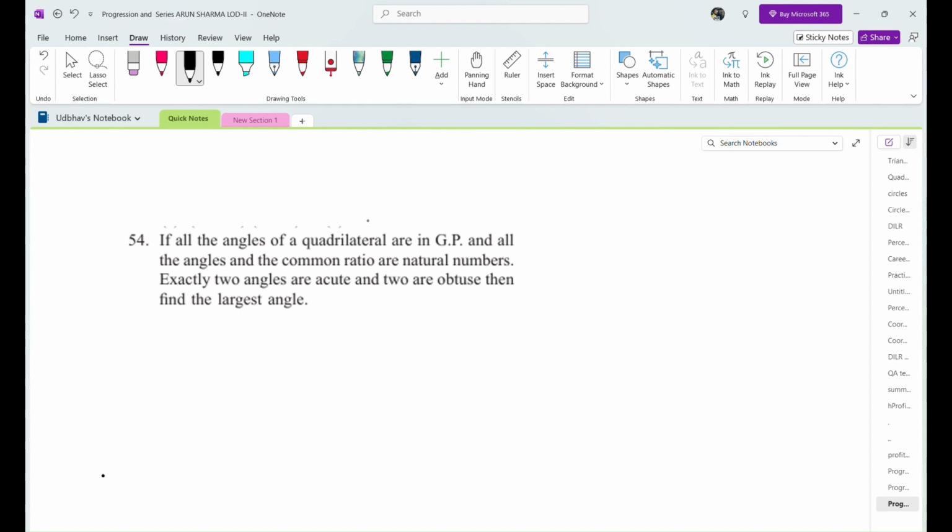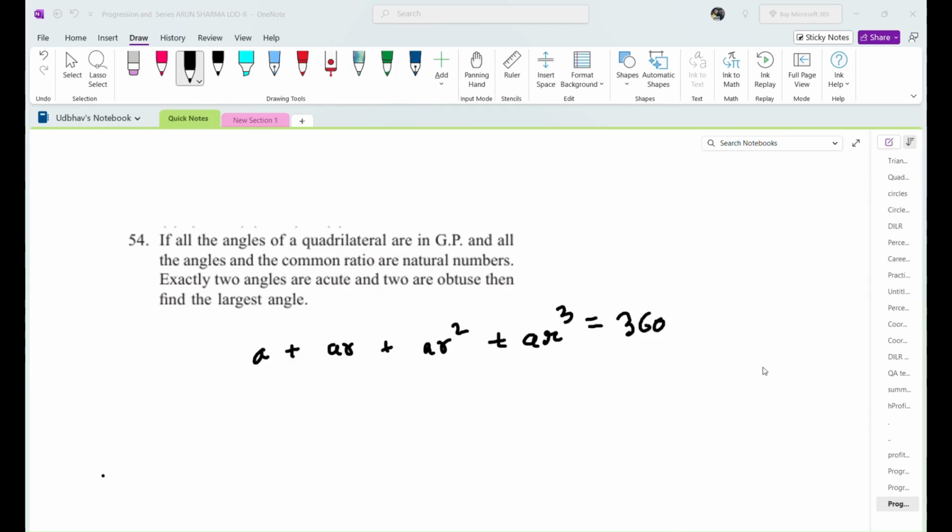The sum of angles in a quadrilateral: a plus ar plus ar square plus ar cube equals 360. All the angles and the common ratio are natural numbers. Exactly two angles are acute and two are obtuse. So we have to find the largest angle.